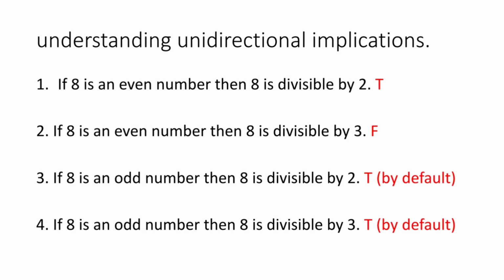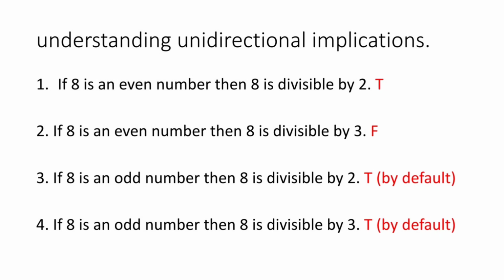Here the antecedent is true but the consequent is false, which makes the unidirectional implication false. The third one is, if 8 is an odd number, then 8 is divisible by 2. Here the antecedent is false but the consequent is true, which makes the unidirectional implication true by default.